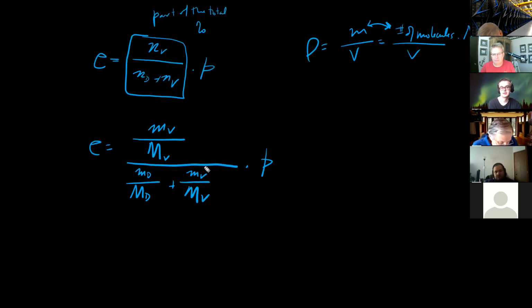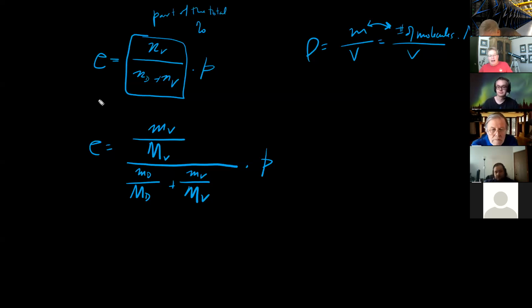Well, I know you're probably going to want to start with at least 1 over the mass of dry air over 1 over the mass of dry air. Why do you think that? Because you have the mixing ratio right there.